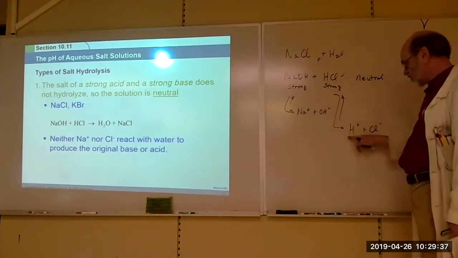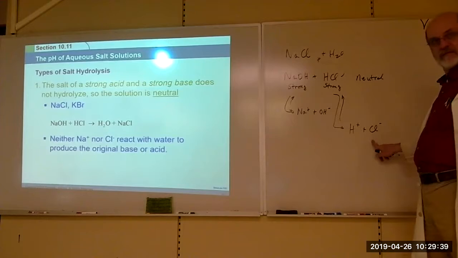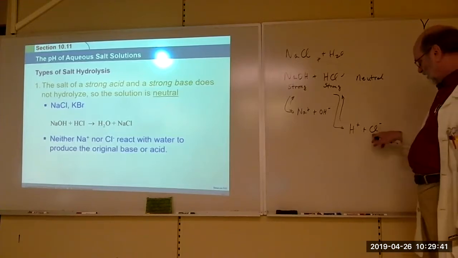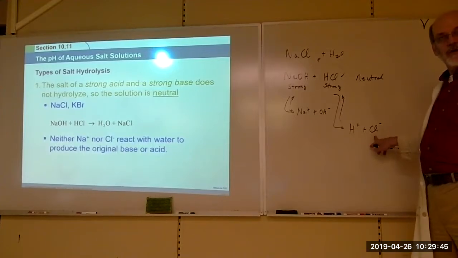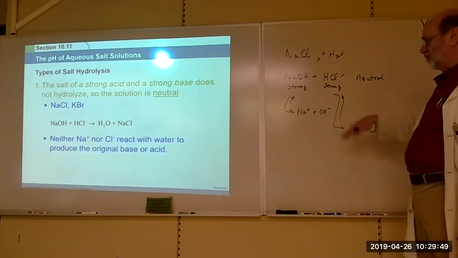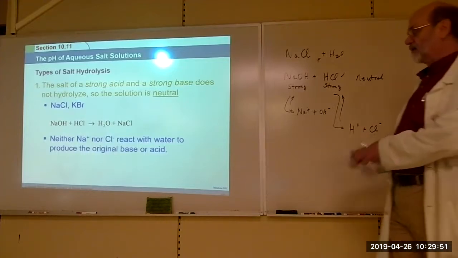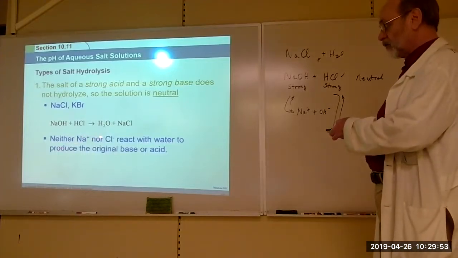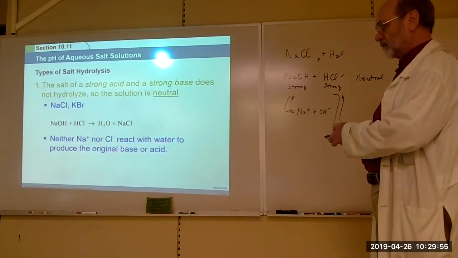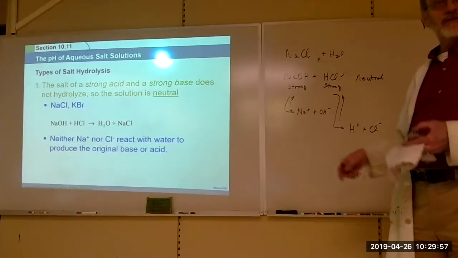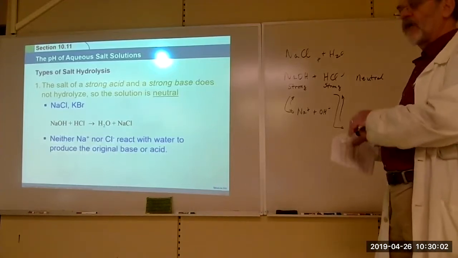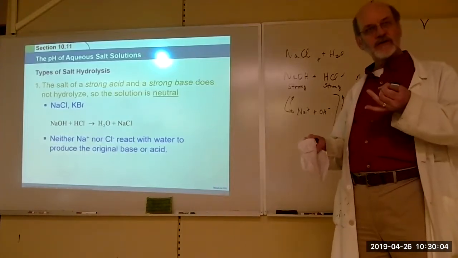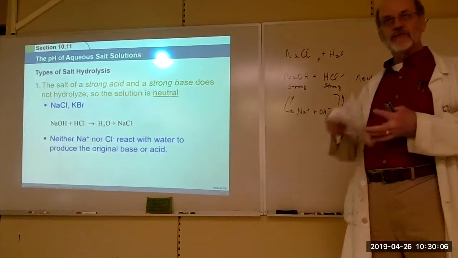Same for this one. Since it's strong, it wants to be here. This has no attraction for the proton in a water molecule. So that's why it's neutral. They do not react. Neither of these will react with water to produce the original acid and base. So a salt that's formed from a strong acid and a strong base gives a neutral solution. That's the easy one.